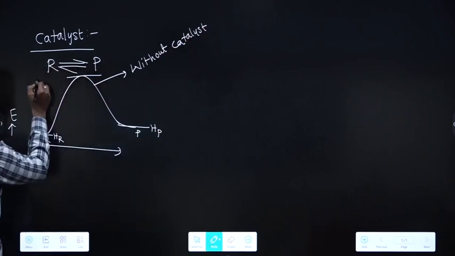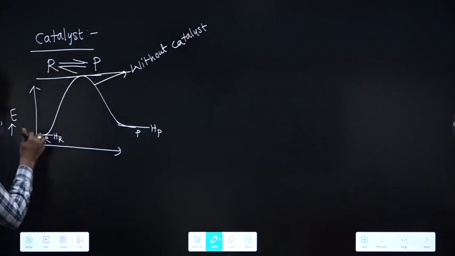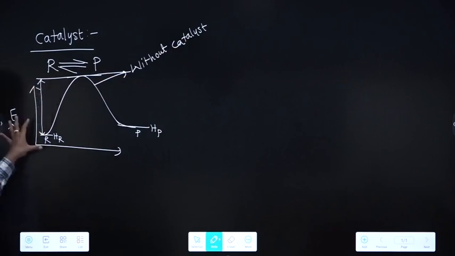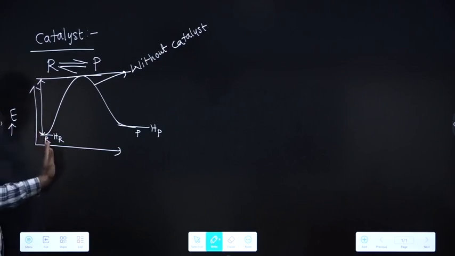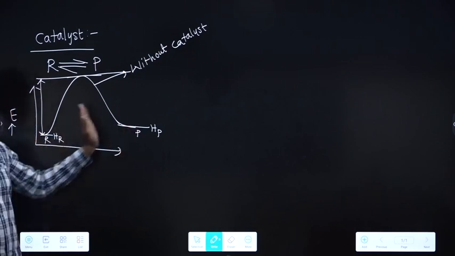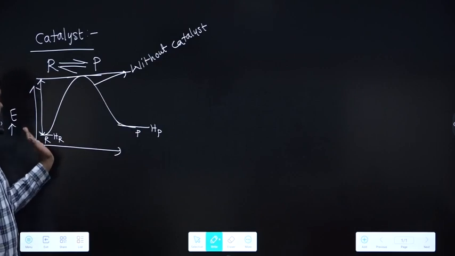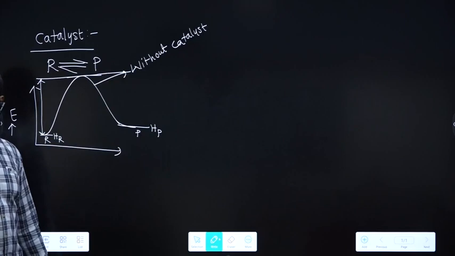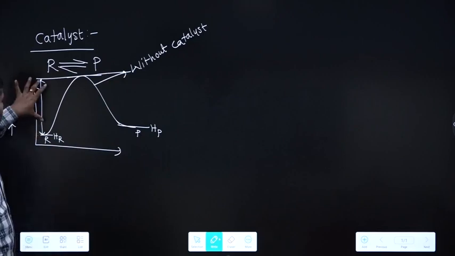So if you see without catalyst, what is the activation energy required for forward reaction? This is the activation energy required for forward reaction. To convert reactant to product, reactants have to overcome this energy barrier. To overcome this energy barrier, what is the additional energy required?